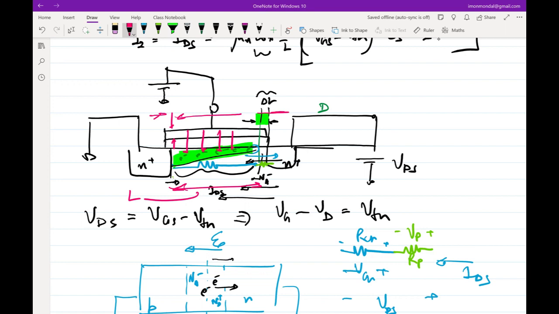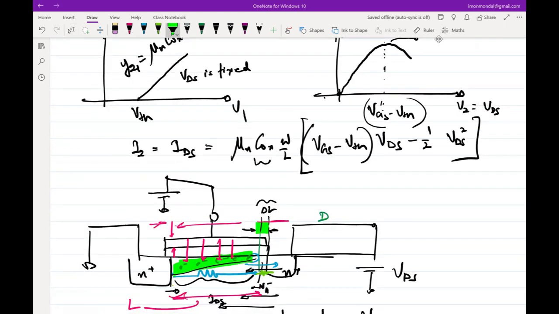If you are reducing thickness, you are increasing Cox, which means for the same voltages you can get more current. So you are increasing the channel control. There is a motivation towards reducing thickness, but if you do that, you also have to reduce the voltage because you are going to hit breakdown.